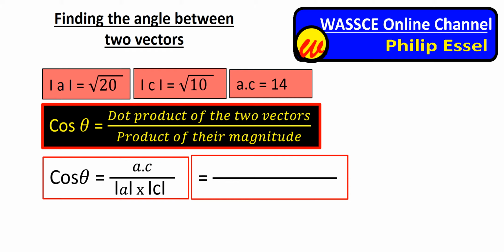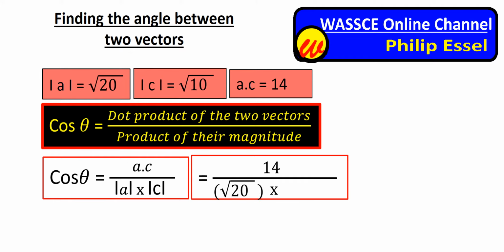First, the dot product of the two vectors is 14, so let's write 14 as the numerator. So we have 14 divided by, first, the magnitude of the vector a, which is the square root of 20, downwards. That's the denominator.